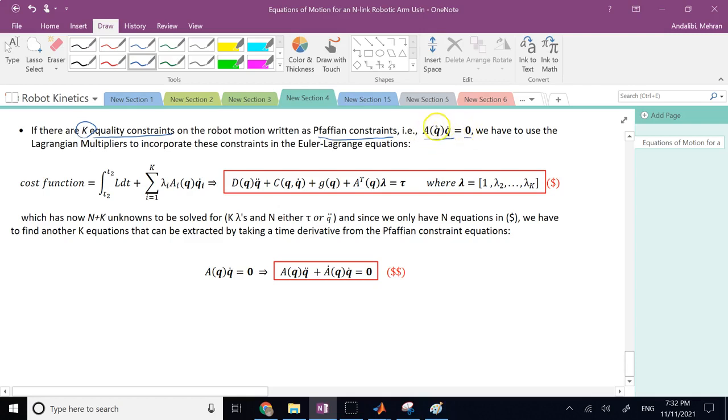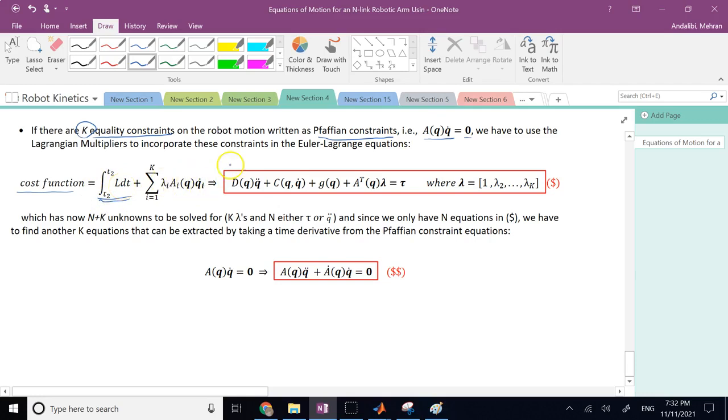Most of the constraints that you see on most robots, you can write as a Pfaffian constraint. Then all you need to do to modify your equations of motion is add an extra term to the cost function that you minimize. Remember, the cost function that we minimize when we do the Lagrangian method or Euler-Lagrange equation is this integral of the Lagrangian versus time. We call it the action integral.